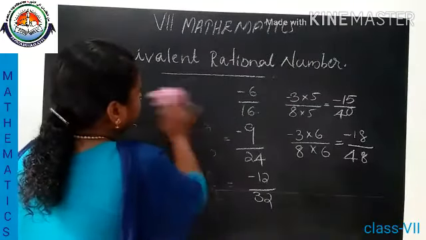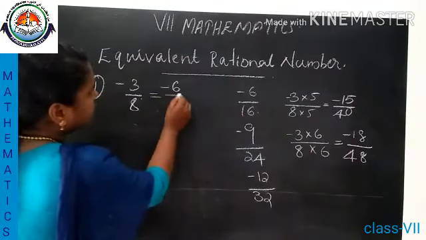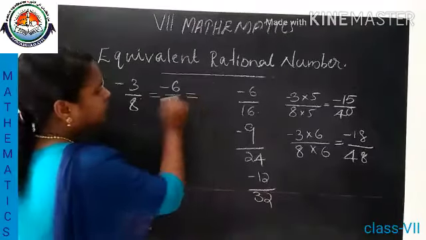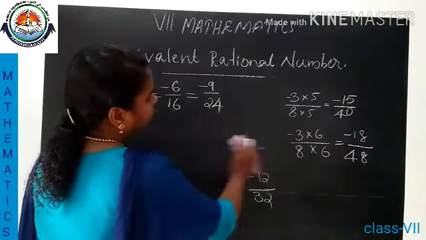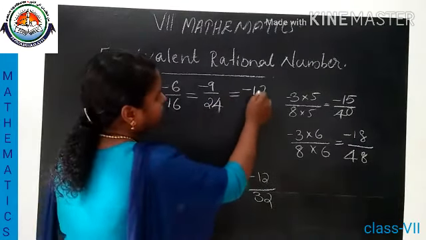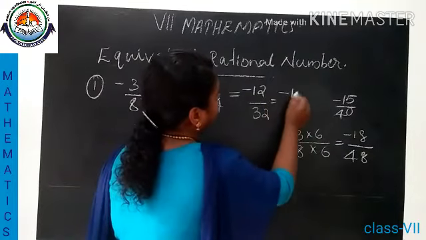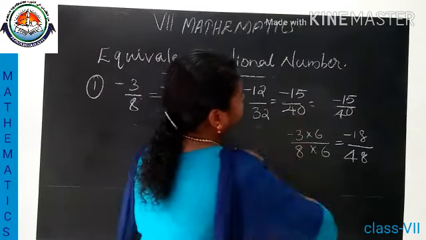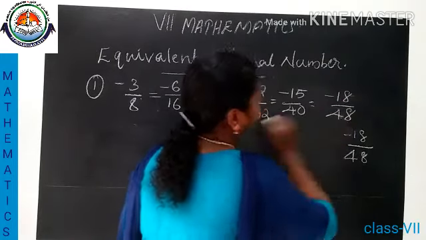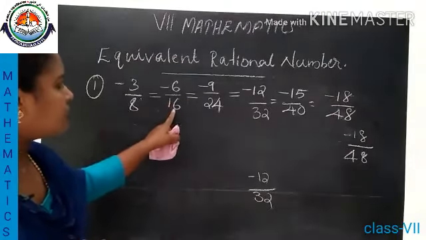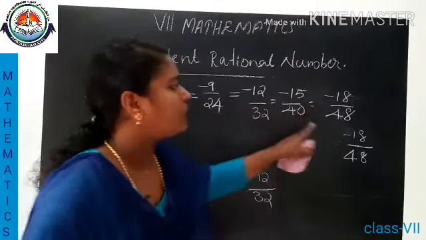We can write it as negative 3 by 8 is equal to negative 6 by 16, negative 9 by 24, negative 12 by 32, negative 15 by 40 and negative 18 by 48.